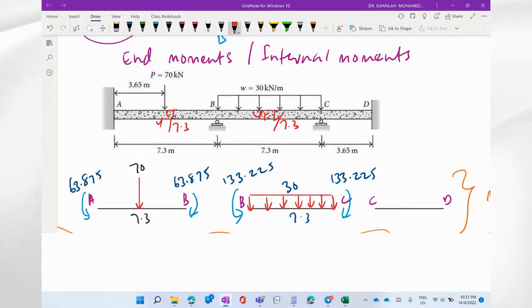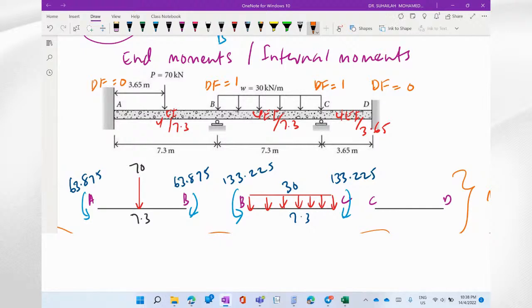And the last one is 4EI divided by 3.65. For the distribution factor, it will be 0 here. Total distribution factor for B is equal to 1. Total distribution factor for C equals 1.